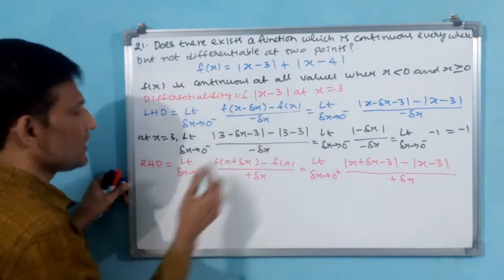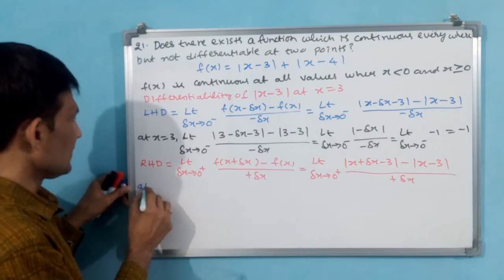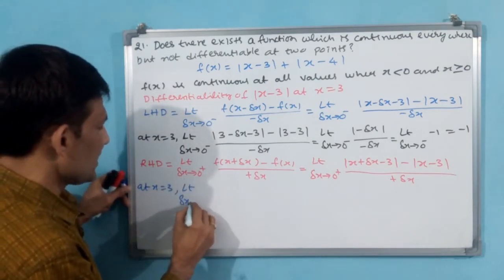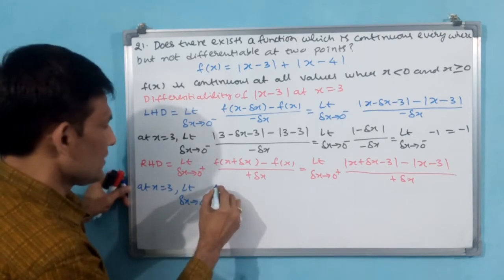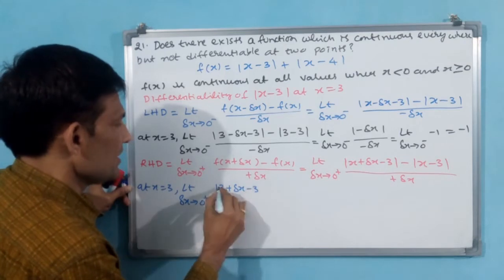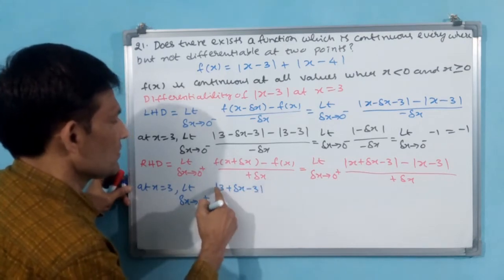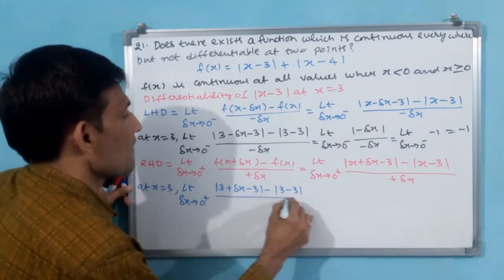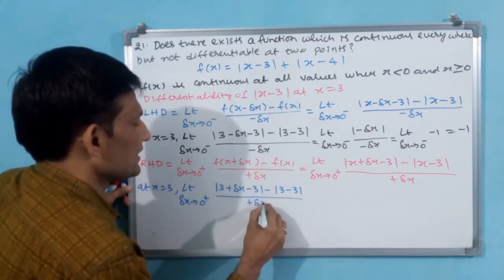Now at x is equal to 3 you write. You substitute x. At x is equal to 3, limit delta x tends to 0 plus, now write down |3 plus delta x minus 3| minus |3 minus 3| divided by plus delta x.